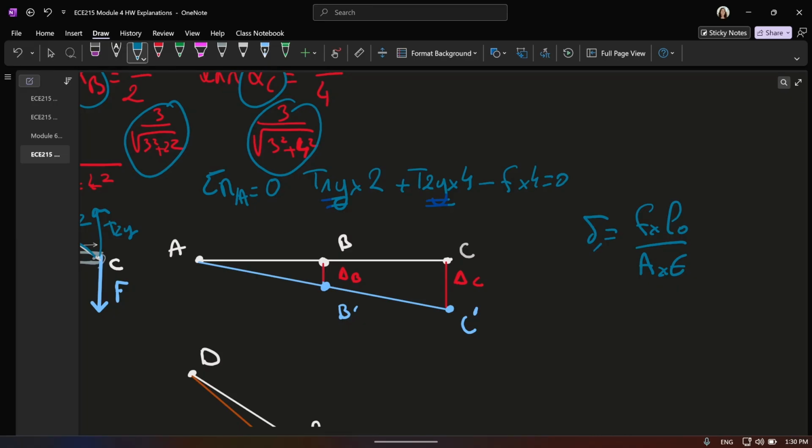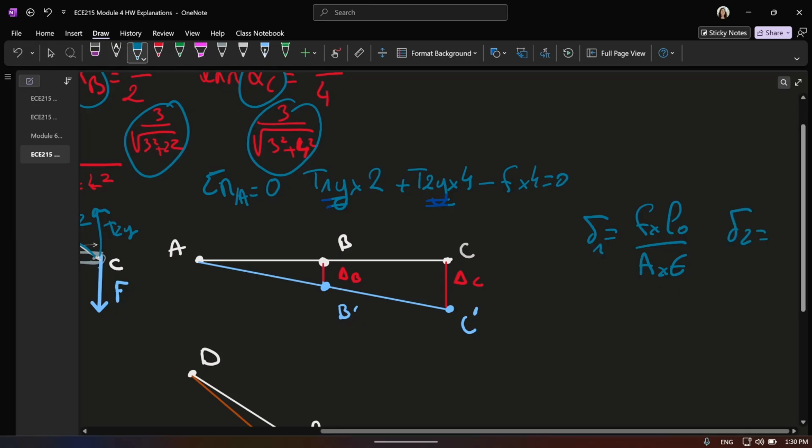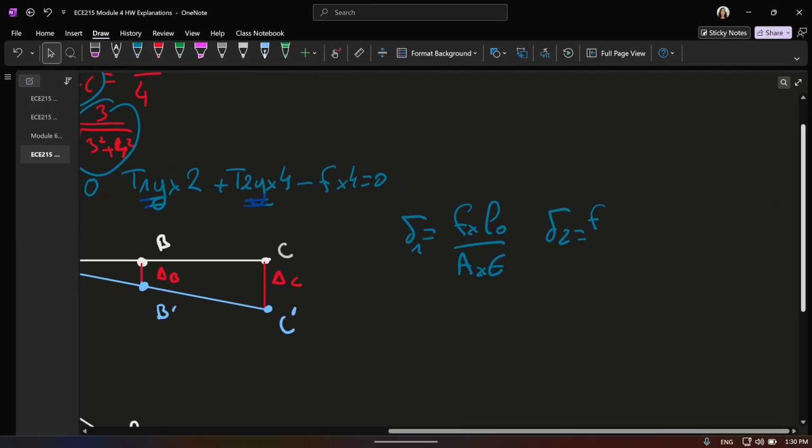So we will have delta 1 and delta 2, with F replaced by the exact value. That would be T1, the force in cable 1, times L1, the initial length of cable 1, equal to T2 times L2, divided by the area times E. Okay, so that will be the elongation of the cable.